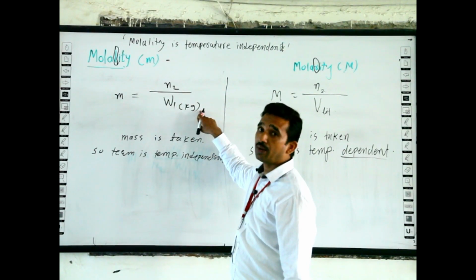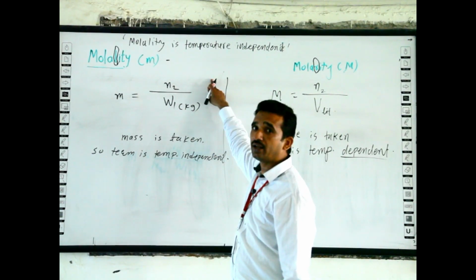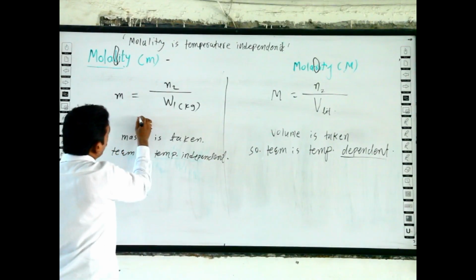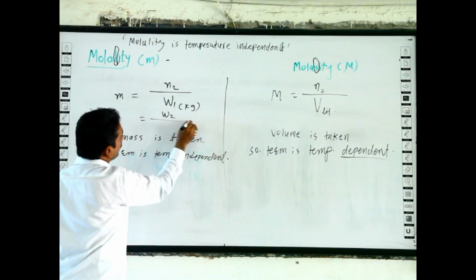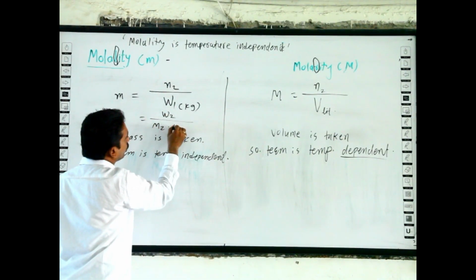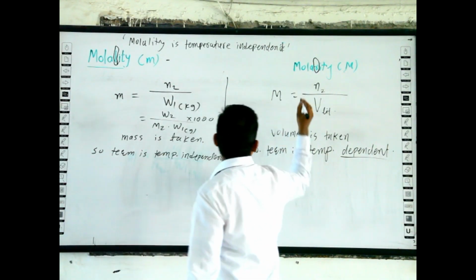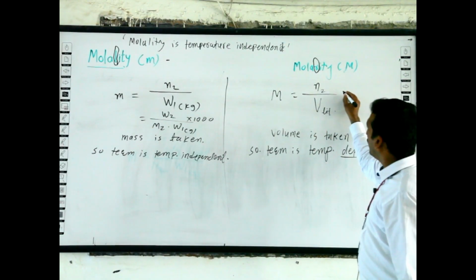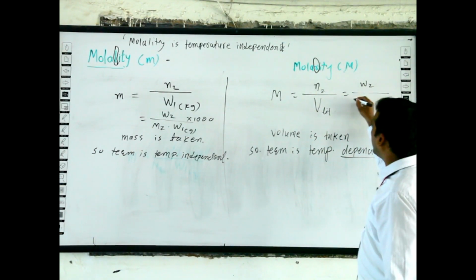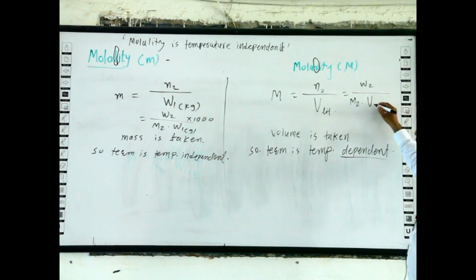For W1 in gram, here 1000 is a multiplier. Hence we form the formula W2 divided by M2 into W1 in gram into 1000, and here N2 is W2 divided by M2 into V. If it is in ml, then into 1000 is the multiplier.